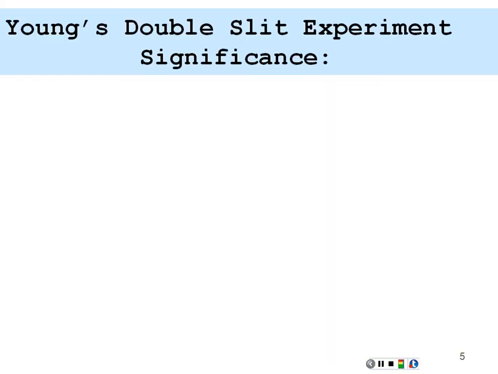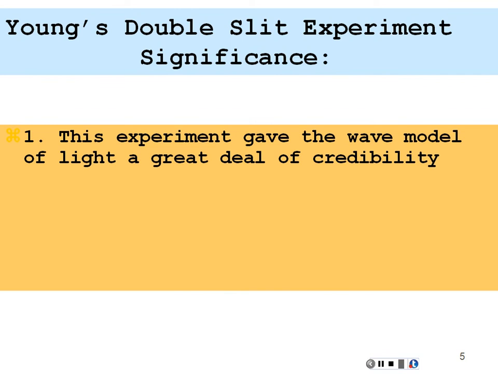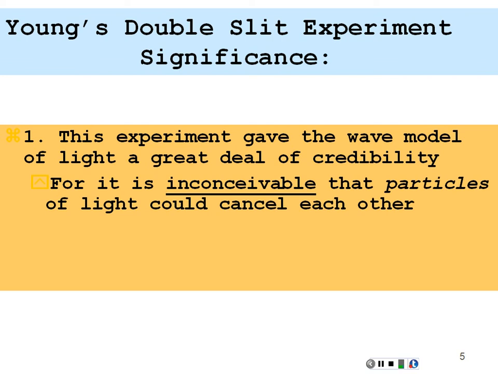But historically, this whole idea of interference with light began with Young's double-slit experiment. It gave the wave model some great credibility. It's inconceivable that particles of light could cancel each other. So in the particle model, if you had two particles of light, two photons of light, if they were to collide, you can't imagine that they would actually cancel each other out, that there would be destructive interference.